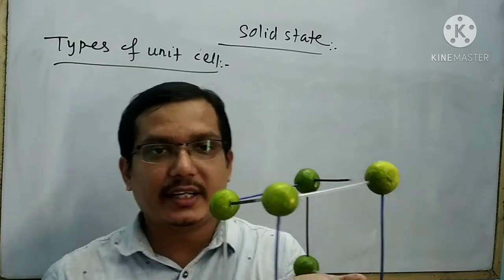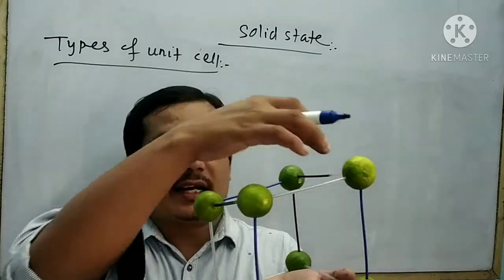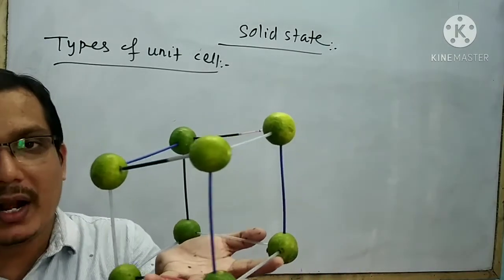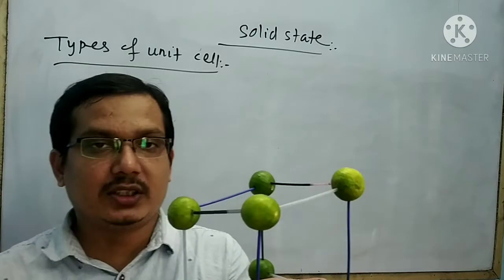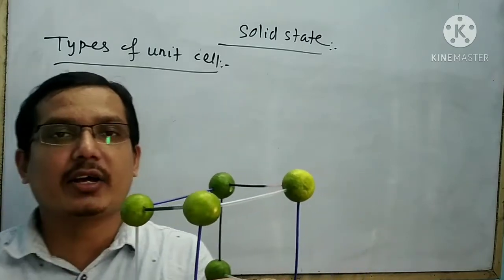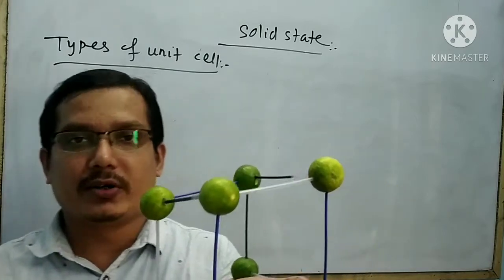On the other hand, in case of ionic crystals, the lattice points are occupied by ions and there must be a force which holds the ions, that is said to be ionic bond.